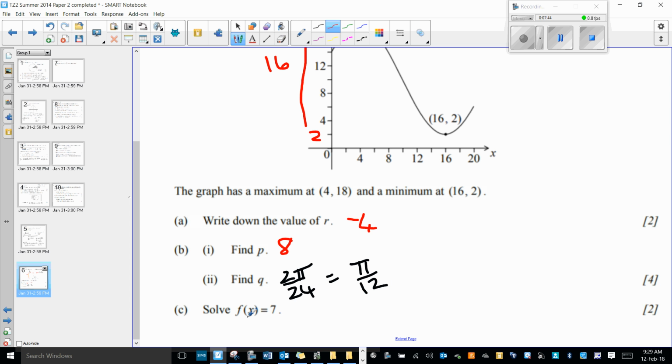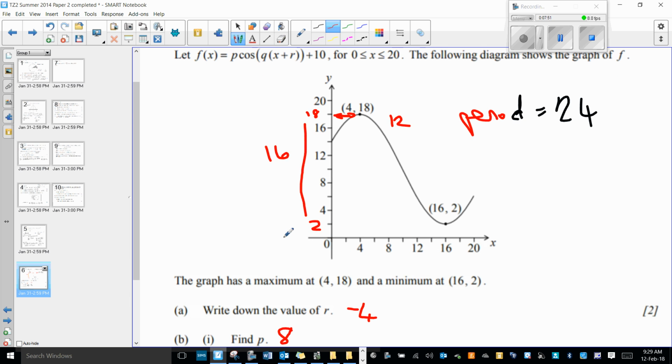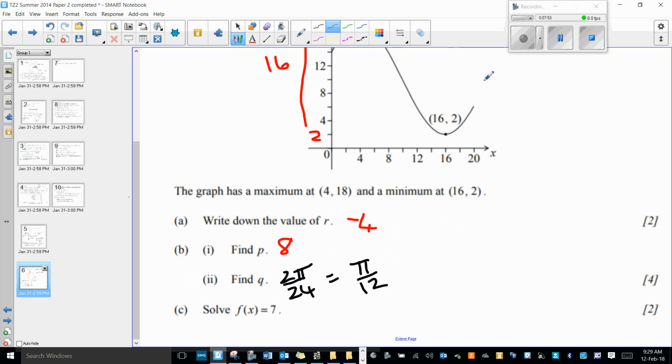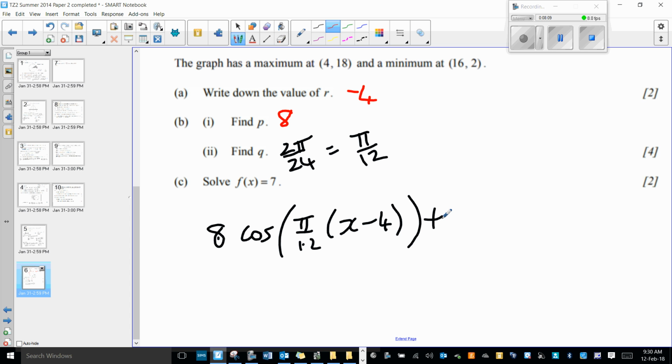Solve f(x) equals 7. So we're going to put all of those values in. So 8 cos of pi over 12 (x minus 4) plus 10 equals 7.